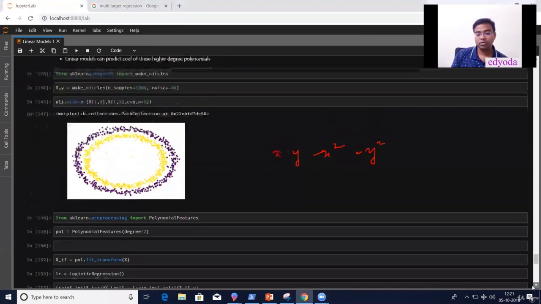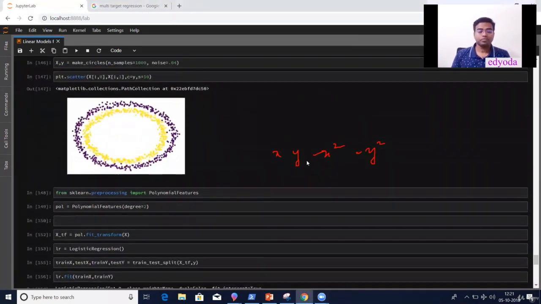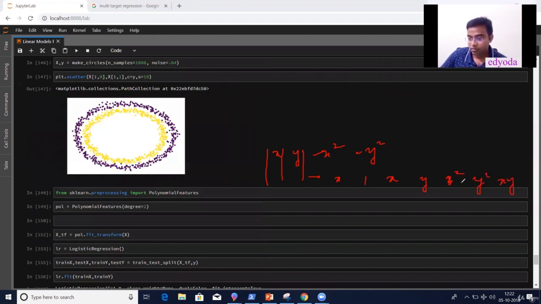Now, we have data of x and y. We need to convert this to a higher scale. That is what PolynomialFeatures does. This is the transformation technique, and you can study it in the preprocessing module. We mentioned degree 2, so given particular data with x and y, it will translate that into x raised to the power 0, that means the first column will be 1, next columns will be x, y, x square, y square and xy.